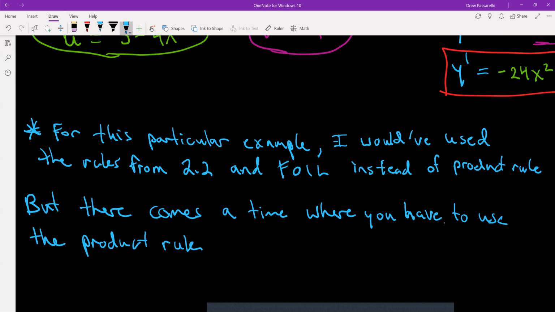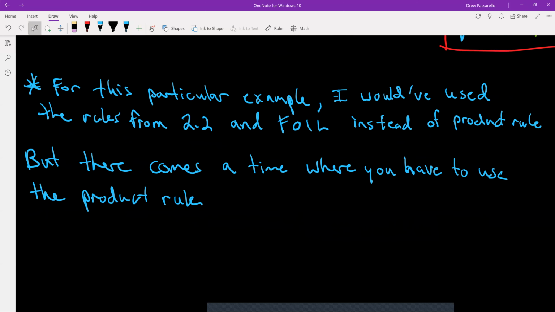But there comes a time where you have to use the product rule. So for example, say I had the function y equals x times sine x. So I have this trig function conjoined with x, and I can't use the techniques that I learned from the previous section to find this. So I have a product, and I have to use the product rule for finding its derivative.